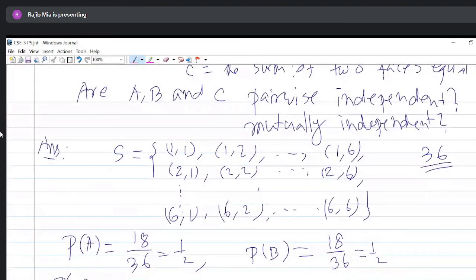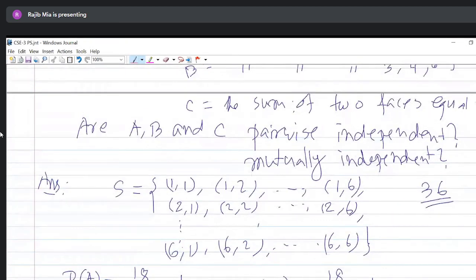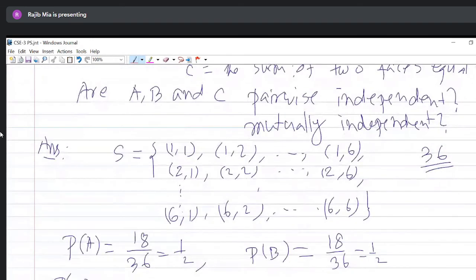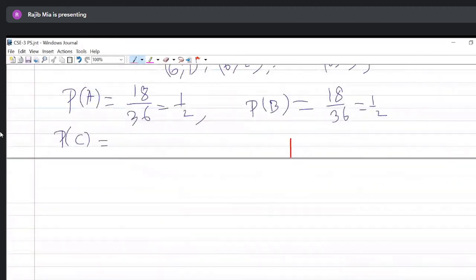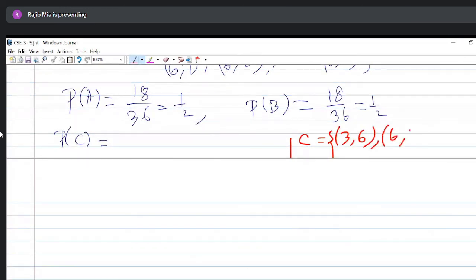So here probability of A equals half, probability of B is half. Probability of C: C means the sum of the two faces equals 9. What are the outcomes in the event C? 3 comma 6, 6 comma 3, 4 comma 5, and 5 comma 4.